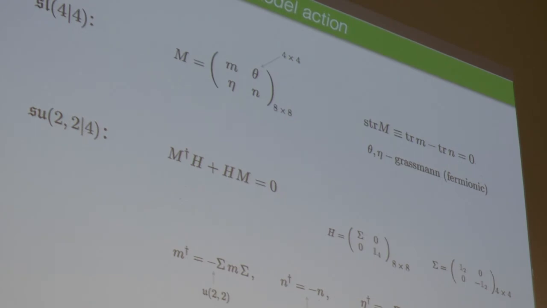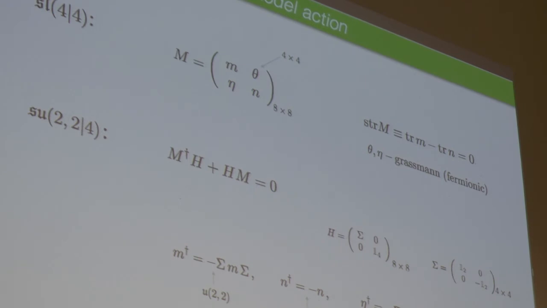So I represent this matrix in terms of 4x4 blocks. SL(4|4) is defined by the requirement that its supertrace is equal to 0. And supertrace is the trace of the 4x4 block M minus the trace of the 4x4 block N. That is what is called supertrace, and supertrace is required to be 0.